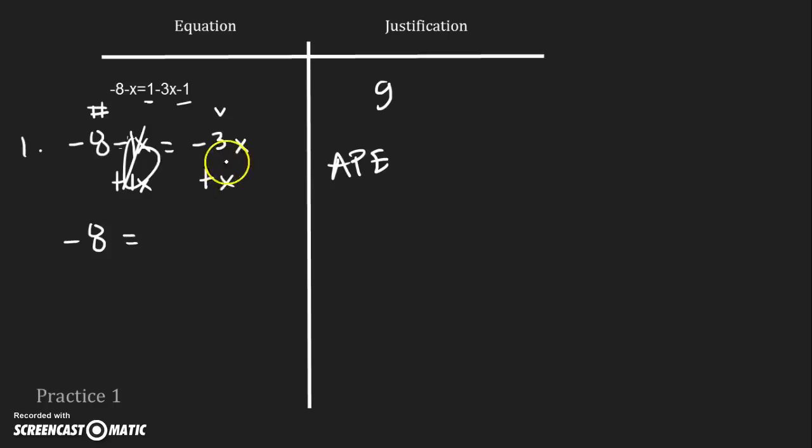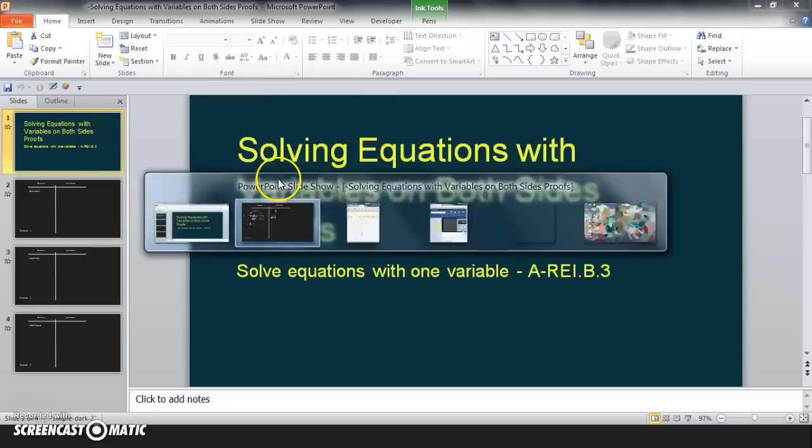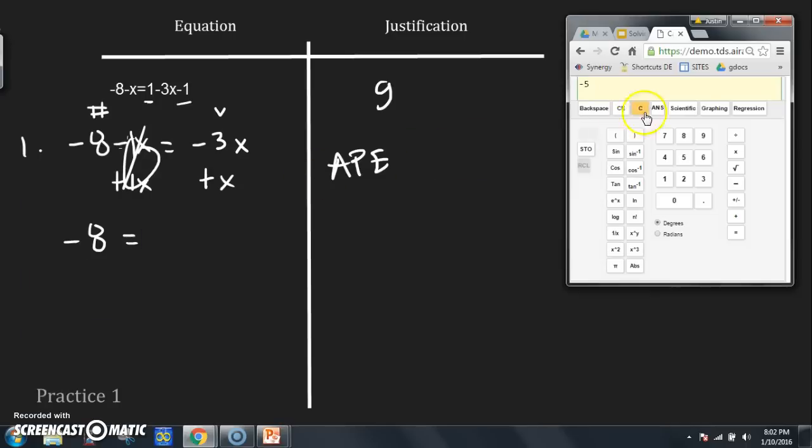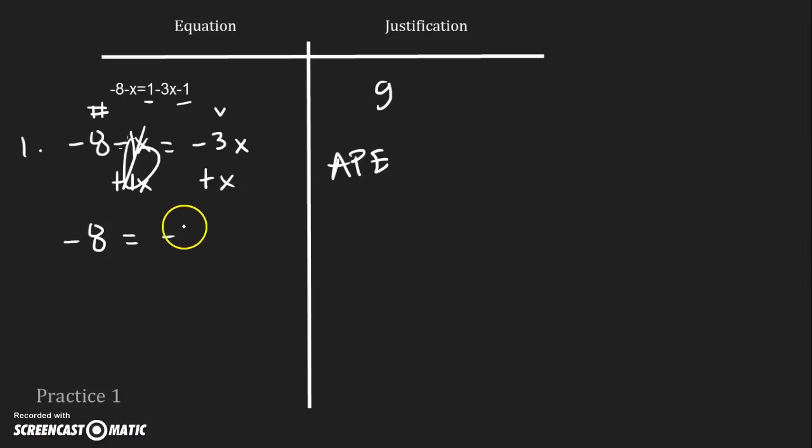I can go ahead and combine these because they're both x terms. So we've got negative 3 plus x, or just 1x, so negative 3 plus 1. I'm going to use a calculator to do that. Negative 3 plus 1. Boom. That's a negative 2, so we got negative 2x here.